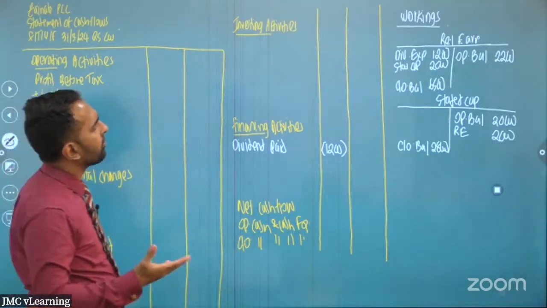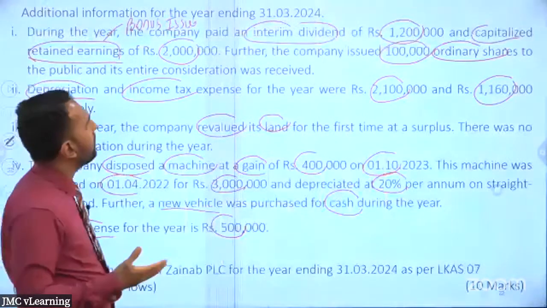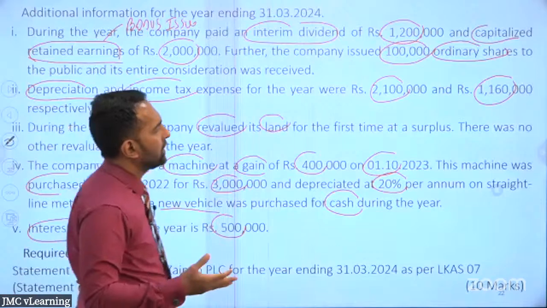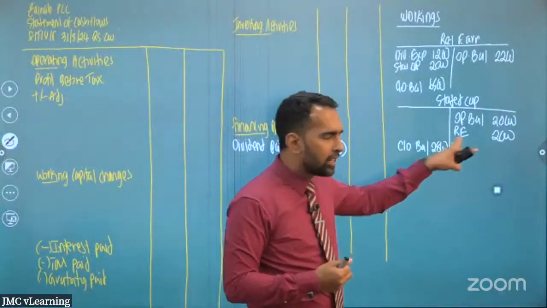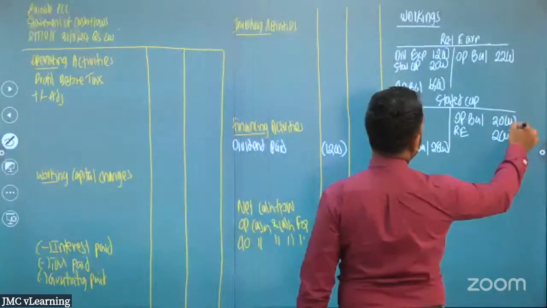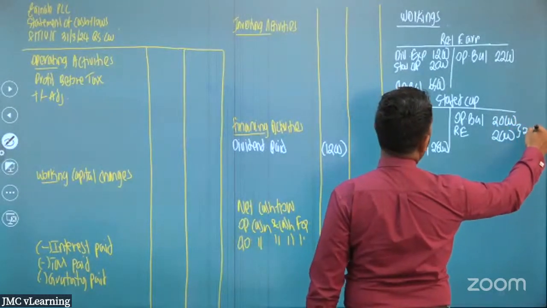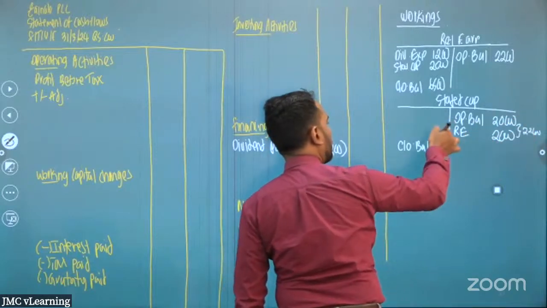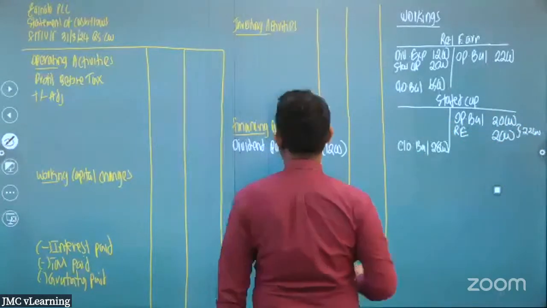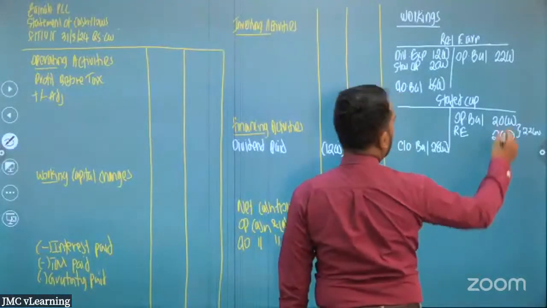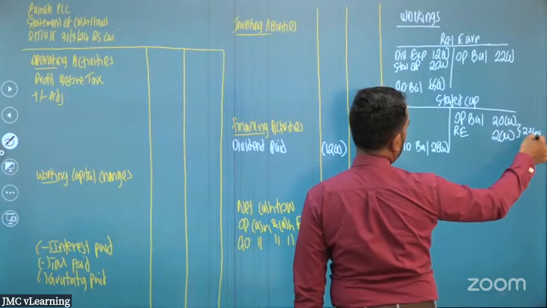Next one, they are saying they have done a share issue, 100 shares, right? So there's nothing else in the stated capital account. If you look at this balance here, 22,000 to 28,000, how has it become 28,000? Because they have done a share issue. So the share issue value is 6,000, the difference.